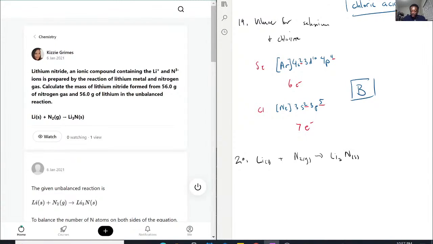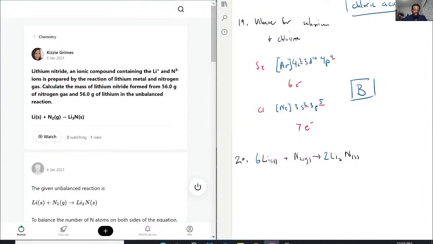If we want to balance out the nitrogens, because it's an N2 gas, we would need 2 of the lithium nitride. Let me rearrange this so there's more space. Because now there is 2 Li3N, we need 6 lithiums on the reactant side to account for the 6 lithiums in the product side. This will be the balanced equation, okay?